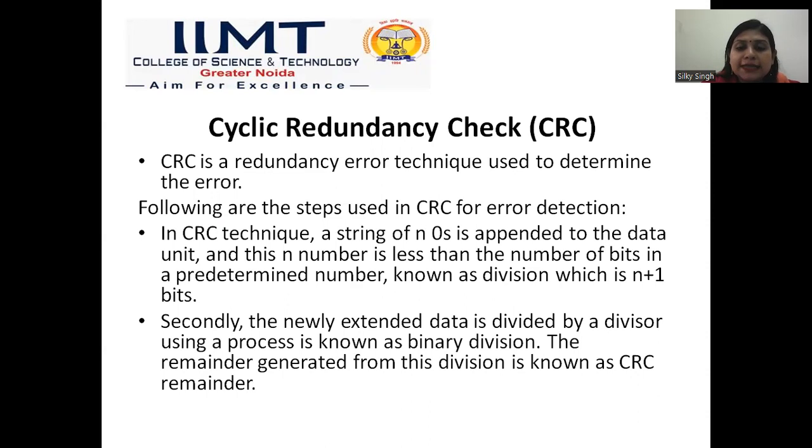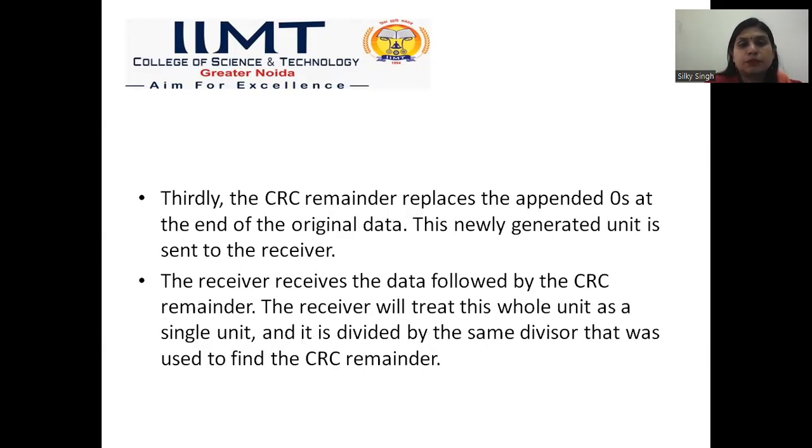Secondly, the newly extended data is divided by the divisor using the process known as binary division. The remainder generated from the division is known as the CRC remainder. The CRC remainder replaces the 0s appended at the end of the original data. This newly generated unit is sent to the receiver.